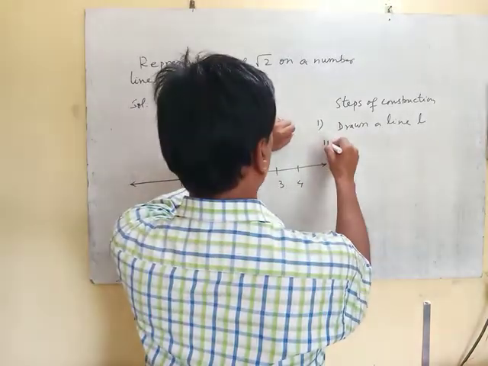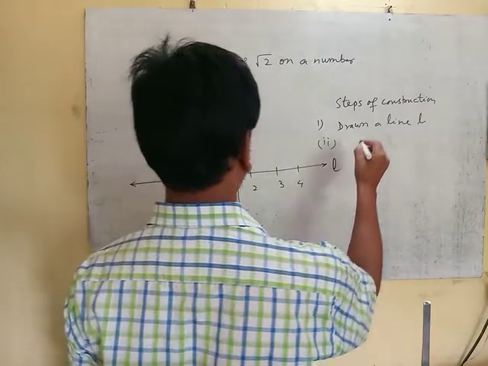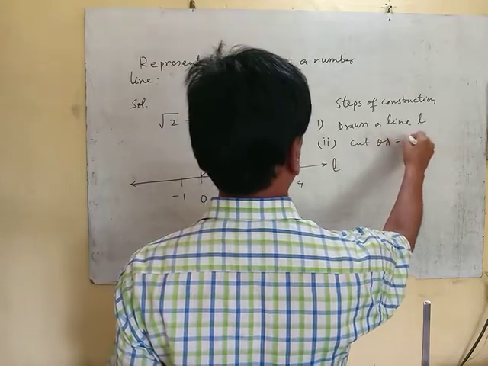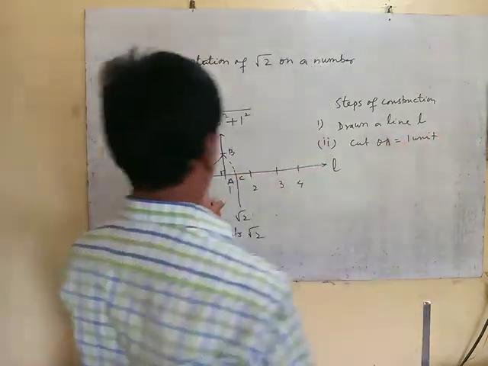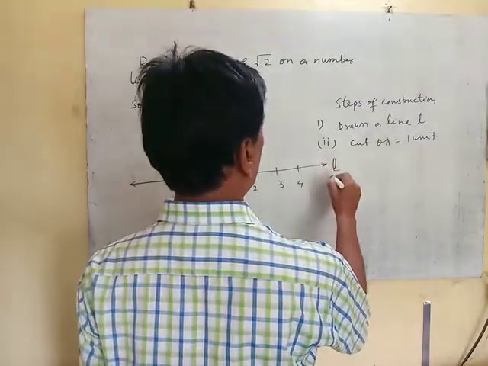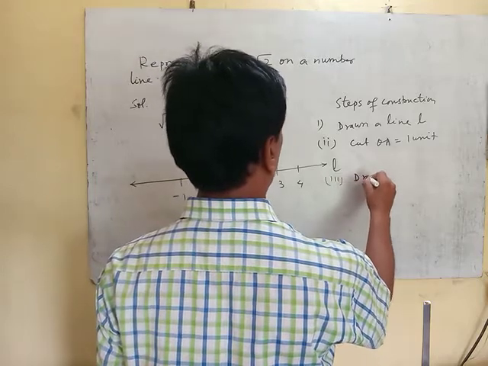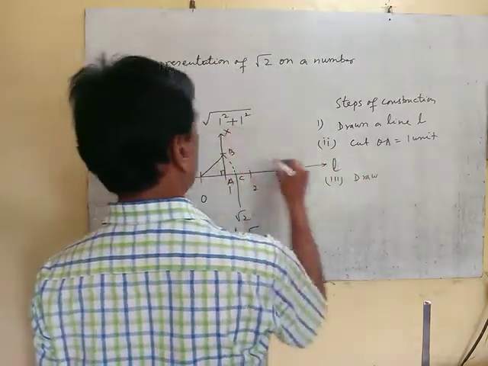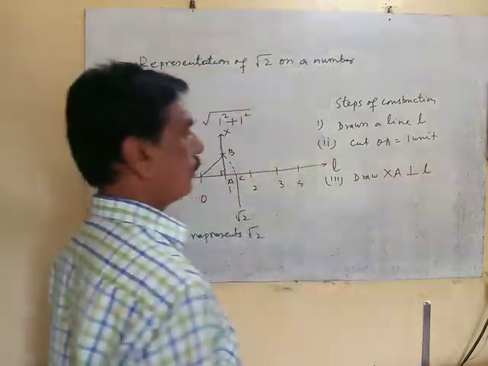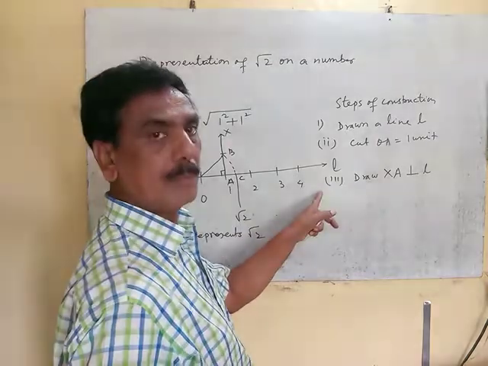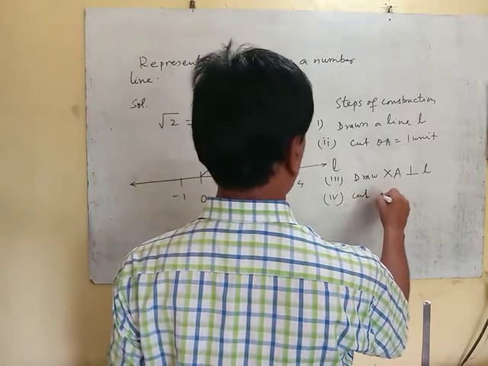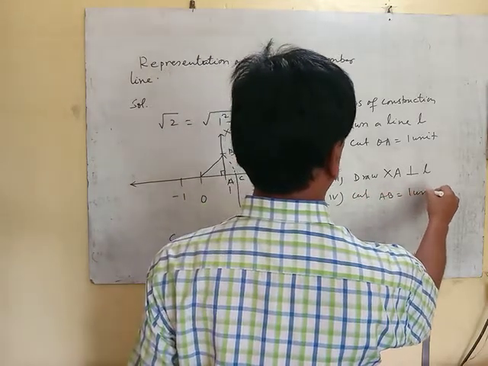Now number 2: cut OA equal to 1 unit. Number 3: draw XA perpendicular to L. Now 4: cut AB equal to 1 unit.